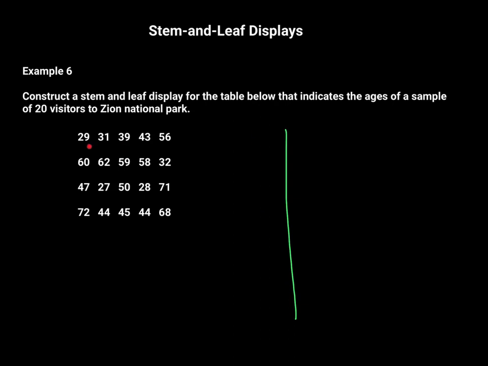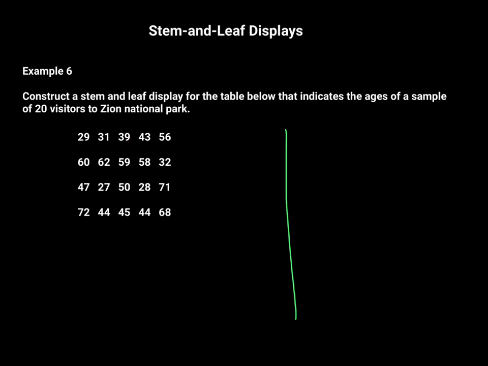Okay, so like in the number 29, the 2 will be considered a stem, and the 9 would be the corresponding leaf. Okay, in the number 31, the 3 would be our stem, and the 1 would be the corresponding leaf. Okay, for the number 39, 3 is the stem, and 9 is the leaf.